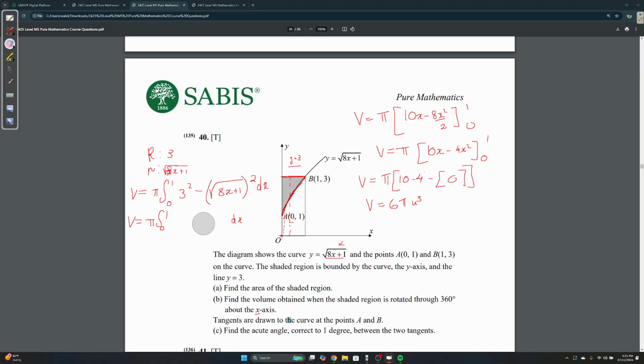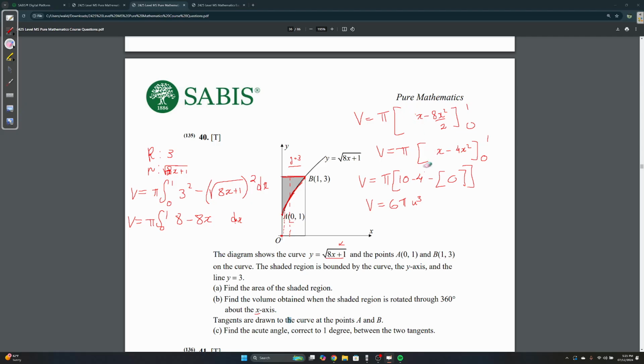Okay, so you have 9 minus, you square it, becomes 8x plus 1, and the minus is distributed into the bracket, so it becomes 9 minus 1, which is 8, minus 8x. This here should be 8 minus 8x dx. So over here, you just change it to an 8.